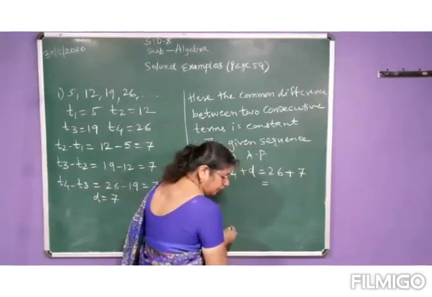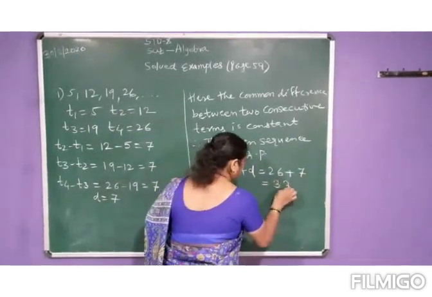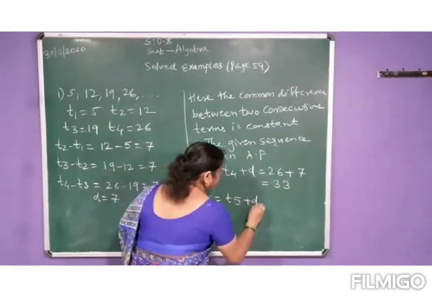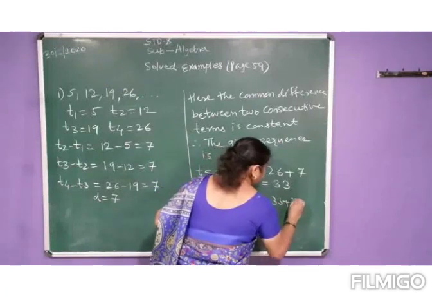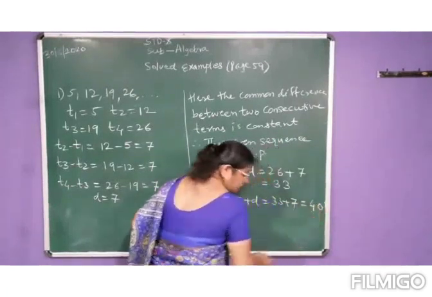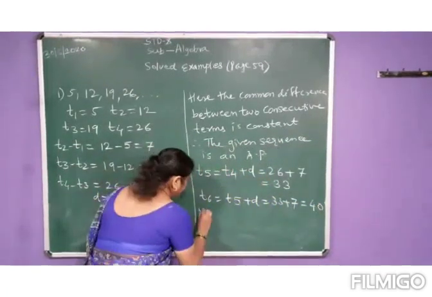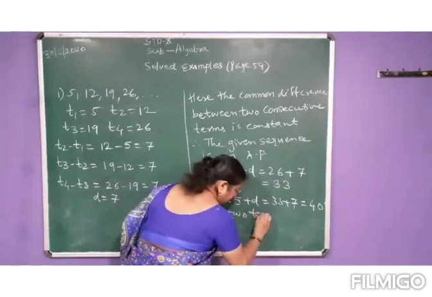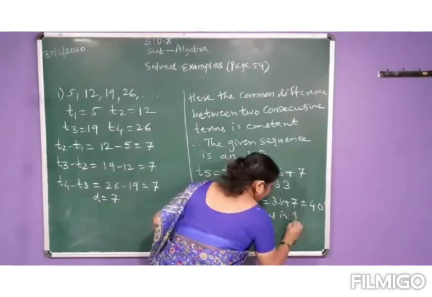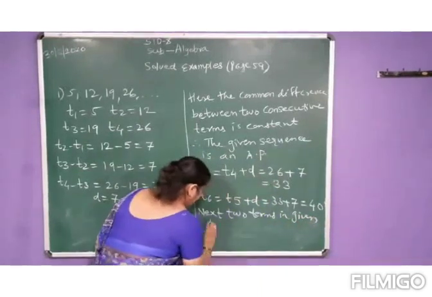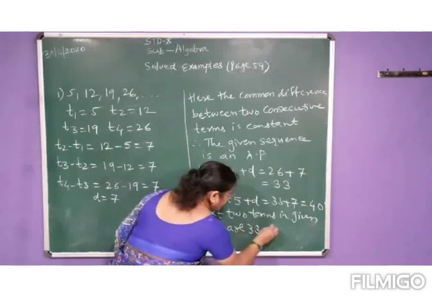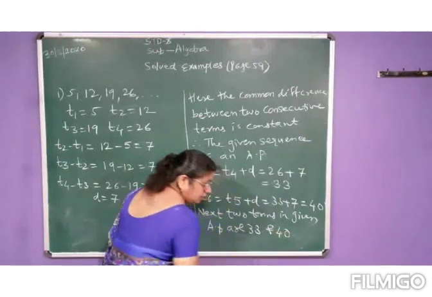So, what I will get over here is 33. And T6 is T5 plus D. So, 33 plus 7, that is 40. So, the next two terms in the given AP are 33 and 40.